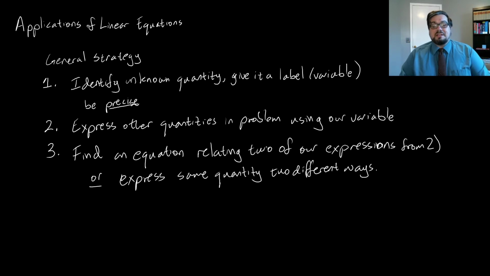Which is another way of saying that we're going to have an equation, because if you express the same quantity in two different ways, those two expressions have to be equal because they're describing the same thing.